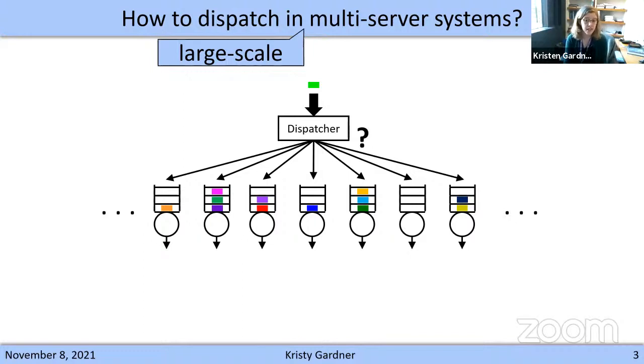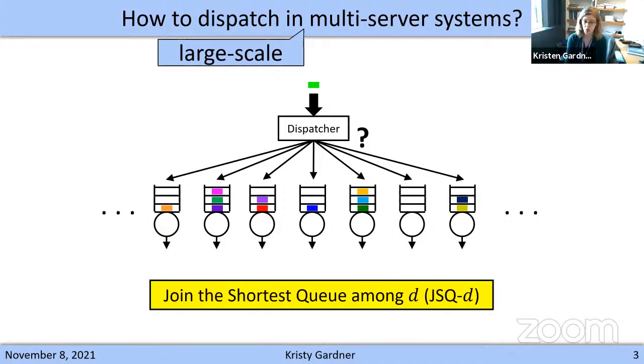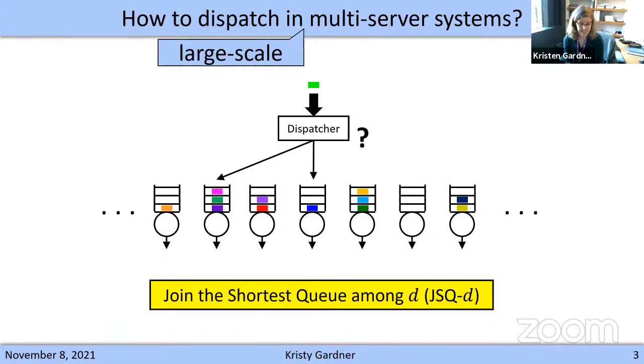Instead, what the dispatcher might do is what we call a power of D policy. One policy that falls into this category is join the shortest queue among D, JSQD. The idea here is that instead of communicating with all of the servers for their queue length information, our dispatcher just chooses some number of servers, D, and in this case D is equal to 2.